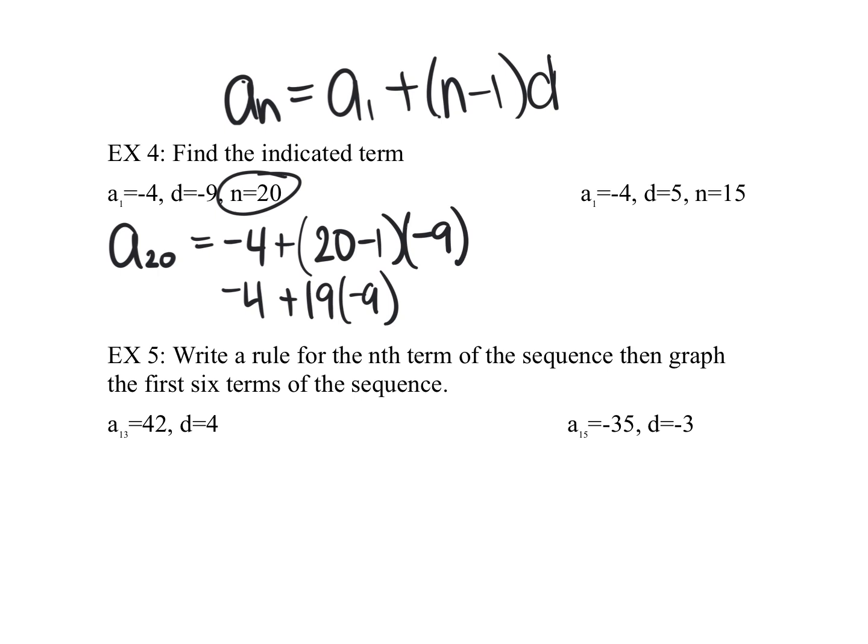I need a calculator for 19 times 9. And it's a negative, so that's negative 4 minus 171. So that's negative 175. So a20 is negative 175. The 20th term is negative 175.